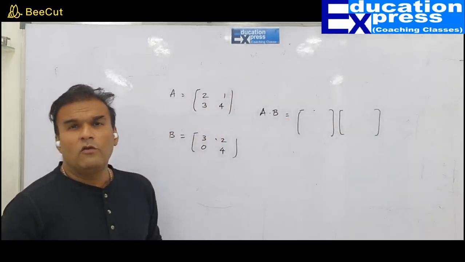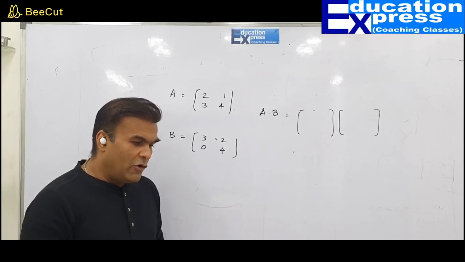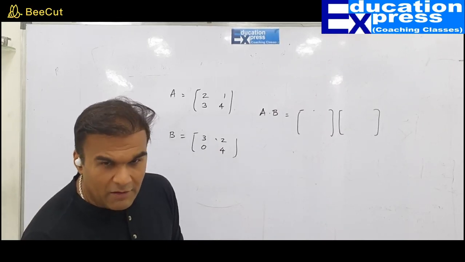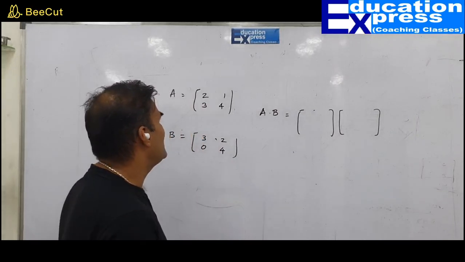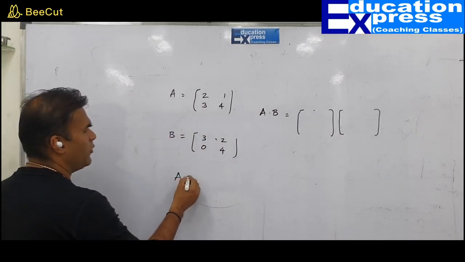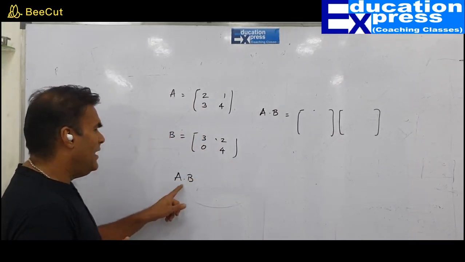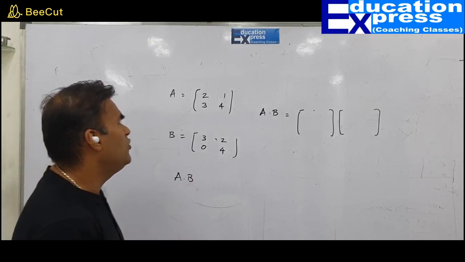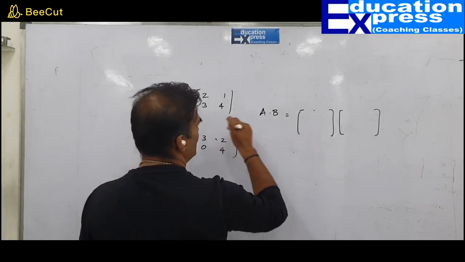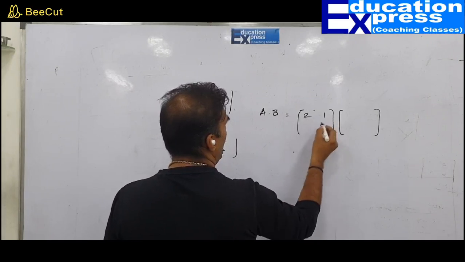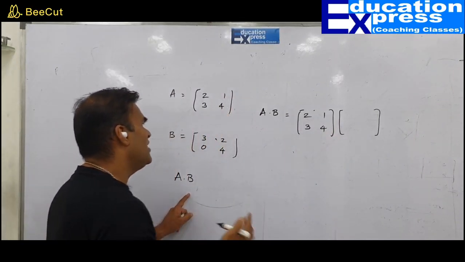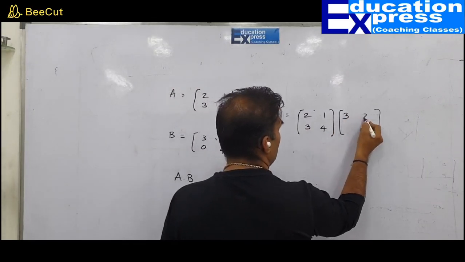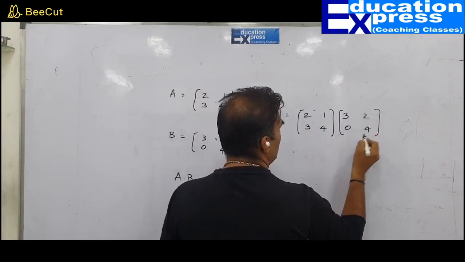So first and foremost, my dear friends, before you proceed with multiplication, there are many rules that you need to follow. First thing is, since I want to find the product of AB, make sure that you write the A matrix first, which is 2, 1, 3, 4, and the B matrix later, that is 3, 2, 0, 4.